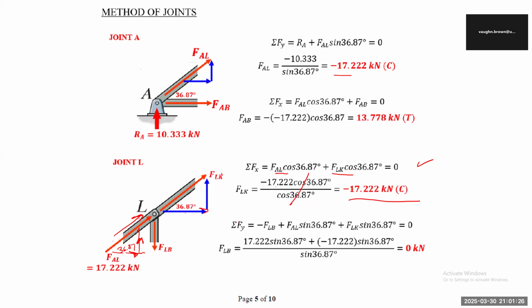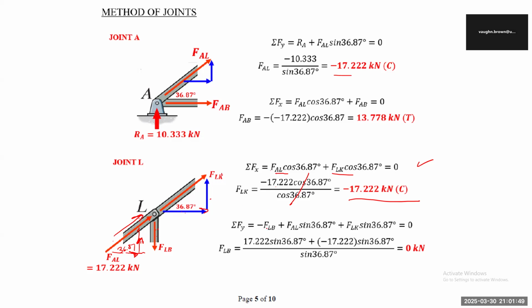All right. After that, you're gonna do the vertical one. One going down, one coming up. Right? So here you have it. How many forces do you have here? 1, 2, 3.